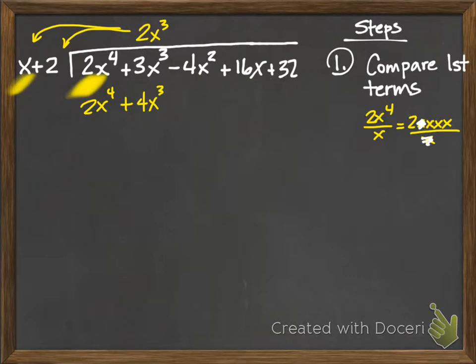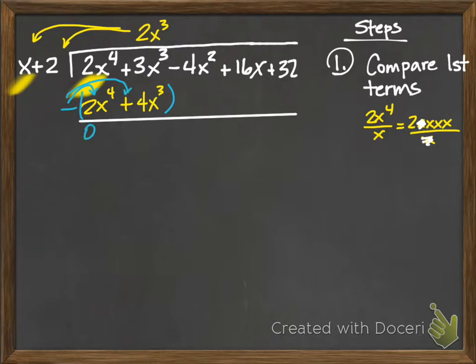But now, just like we used to a long time ago with numbers, we're going to subtract. Let me change colors. I'm going to do this in blue so it's contrasting. We're going to subtract, but we're subtracting this whole thing. So this subtraction is going to distribute. So we're going to have a negative here, and your sign is going to change here. So 2x to the fourth minus 2x to the fourth, those cancel out.